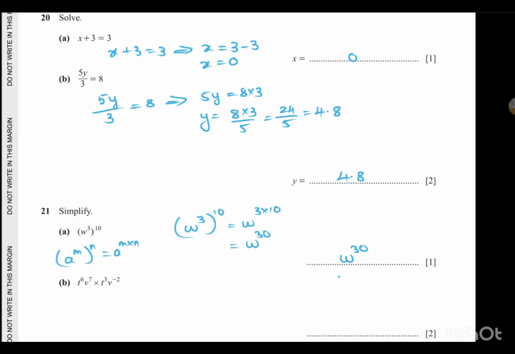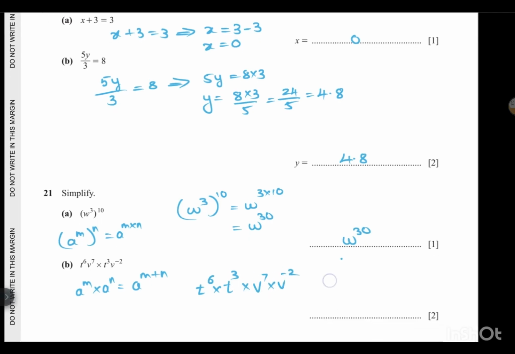t raised to 6 v raised to 7 into t raised to 3 v raised to minus 2. Now here also you will use the same bases rule. a raised to m into a raised to n will be a raised to m plus n. Using this rule, you take t together, t raised to 6 into t raised to 3 into v raised to 7 into v raised to minus 2.